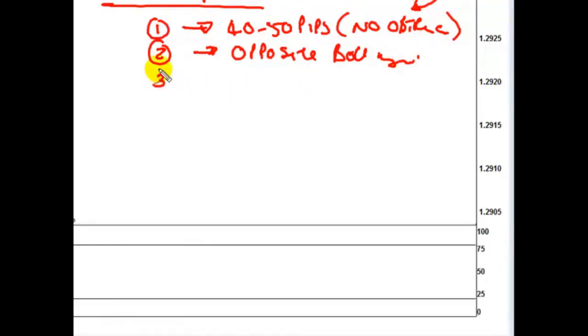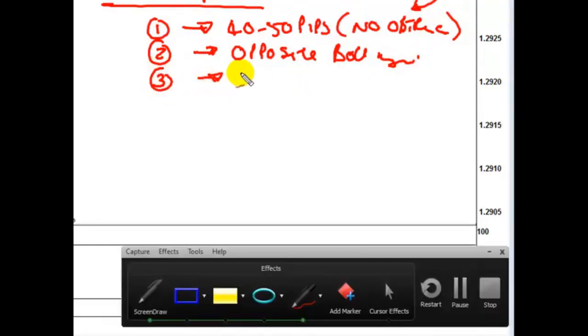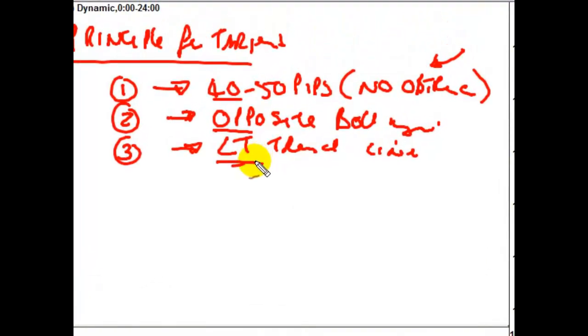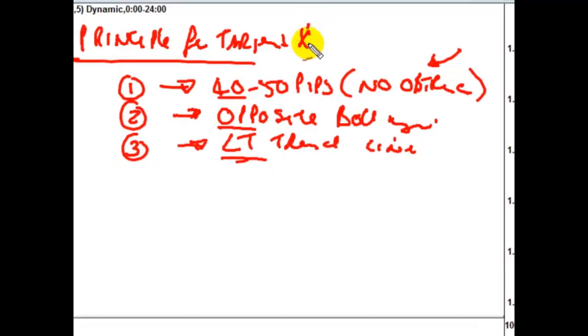And thirdly, I want to aim for the longer term trend line, and I look at where that is. So I keep an eye on all of those. I want to know where 40 or 50 pips away is, where the opposite side Bollinger Band is, and where the longer term or the shallower trend line is. I'm going to give you an example of all of these right now. Those are the principles for the targets, okay?